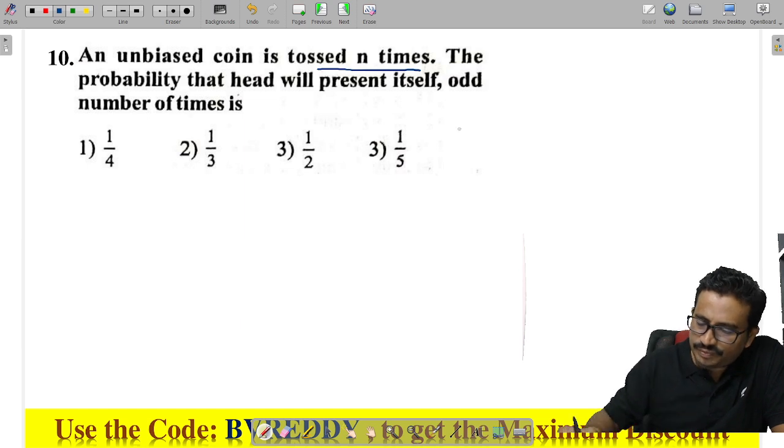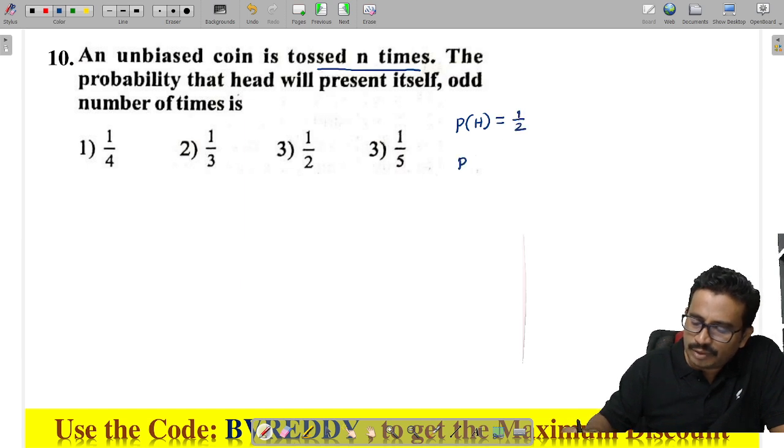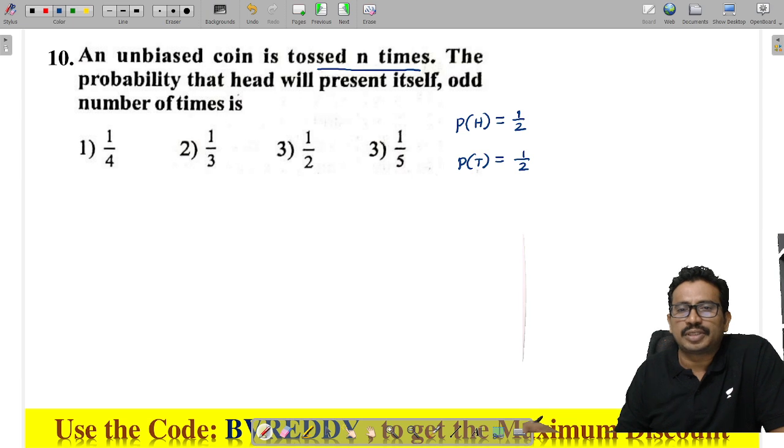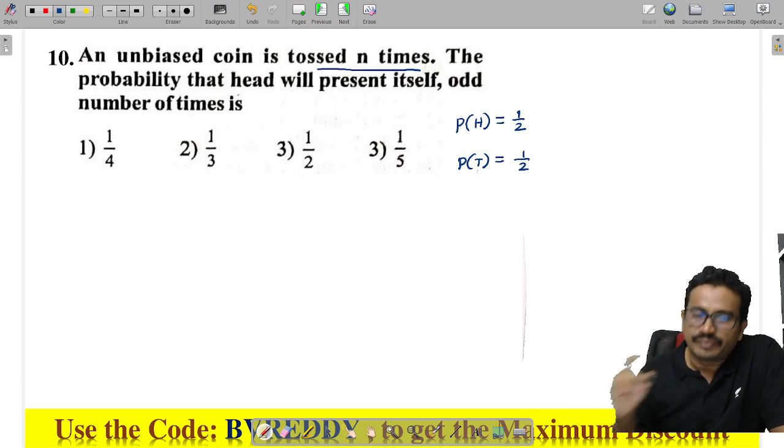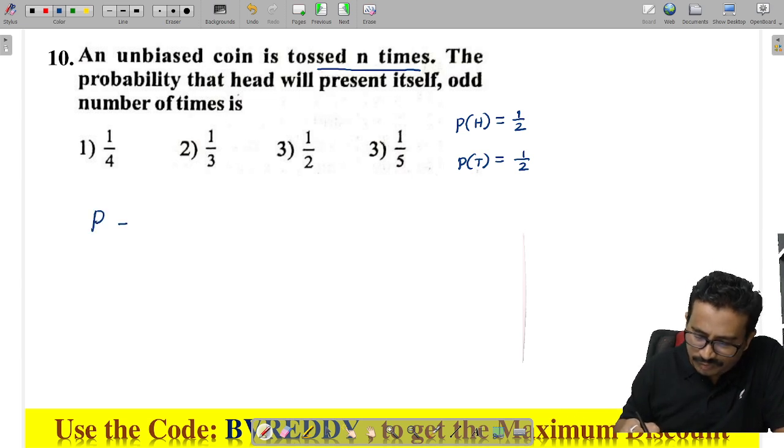Look at now here. What is the probability of getting head? That is 1 by 2. And the probability of not getting the head, meaning tail, is also 1 by 2. Now odd number of times means I should get the probability of getting head odd number of times.